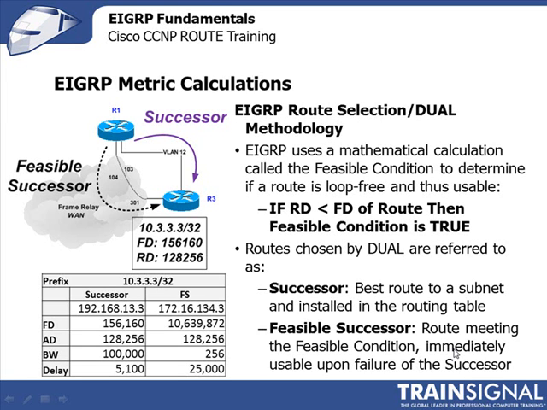This is a route still meeting the feasible condition, it's still loop-free, but it's immediately usable upon failure of the successor. So if there's an outage on the VLAN 12 interface or on either one of the physical interfaces, the route in the frame relay network, the feasible successor, is immediately placed in service. There's no route recalculation, there's no shortest path first algorithm, it's immediately installed.